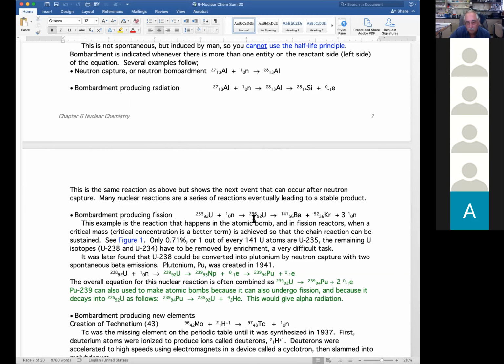Well, 236 has to equal 92 plus 3 more of these, right? So that's 95 minus 236 would give you 141. So this equation here is showing that uranium-236 is turning into barium and, I don't know the Kr. Yeah, krypton.